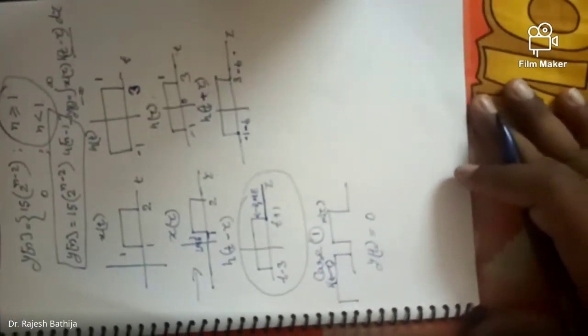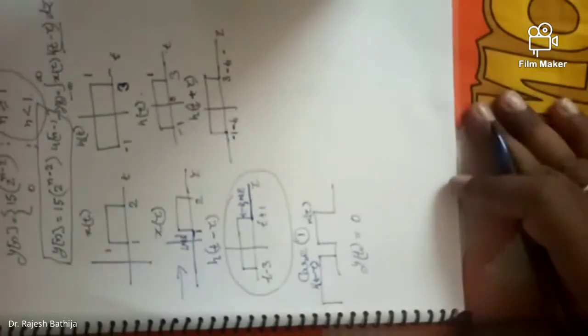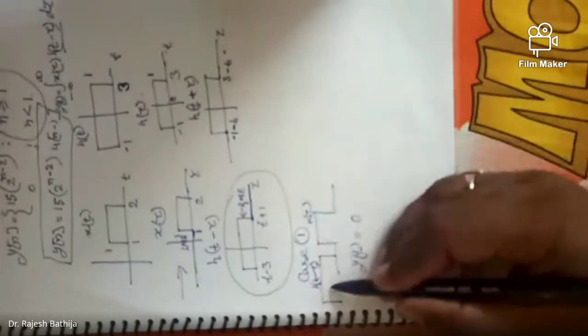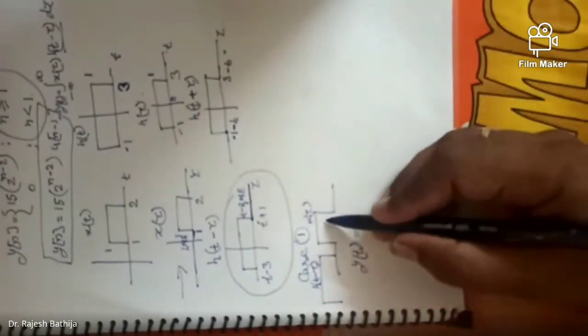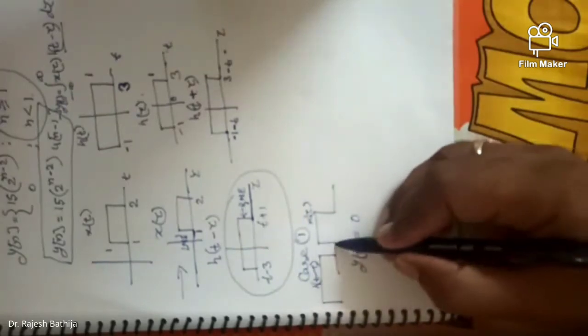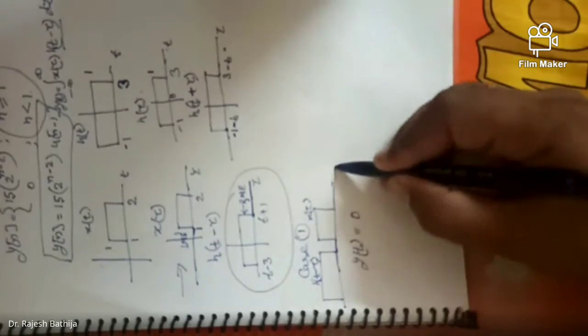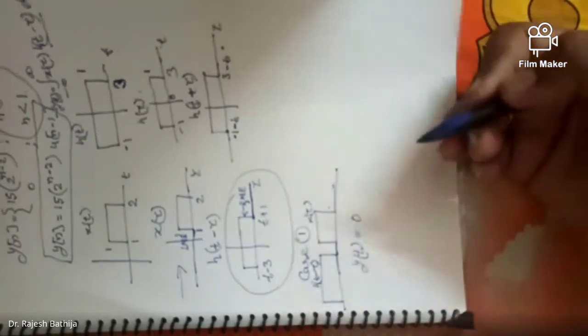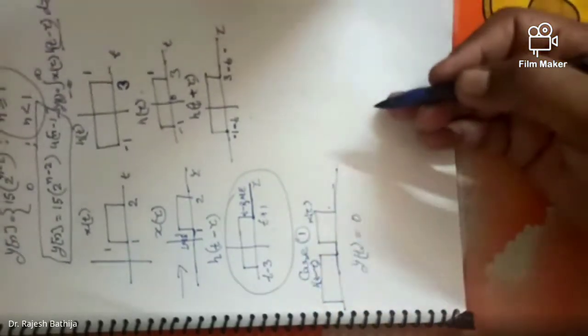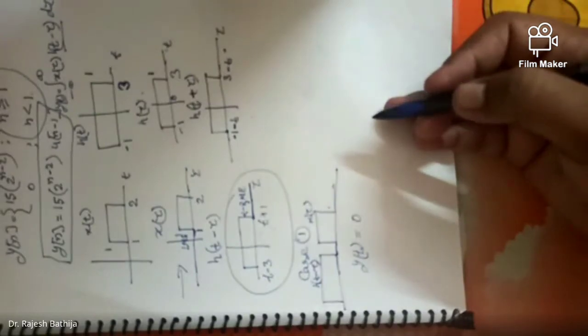Y of t is the product of these two signals, right? X of tau is 0 over here. H of t minus tau is 0 over here. So when I multiply these two in this form, it gives us y of t equal to 0.